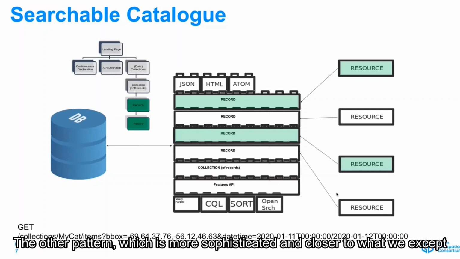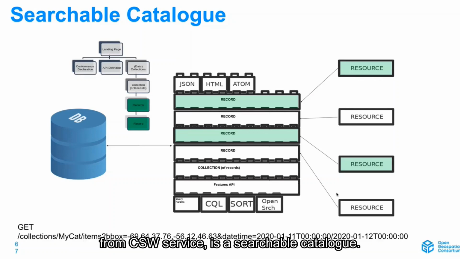The other pattern, which is more sophisticated and closer to what we expect from a CSW service, is the searchable catalog. In this case, we have a structure that is similar to what we already saw in OGC API Features.